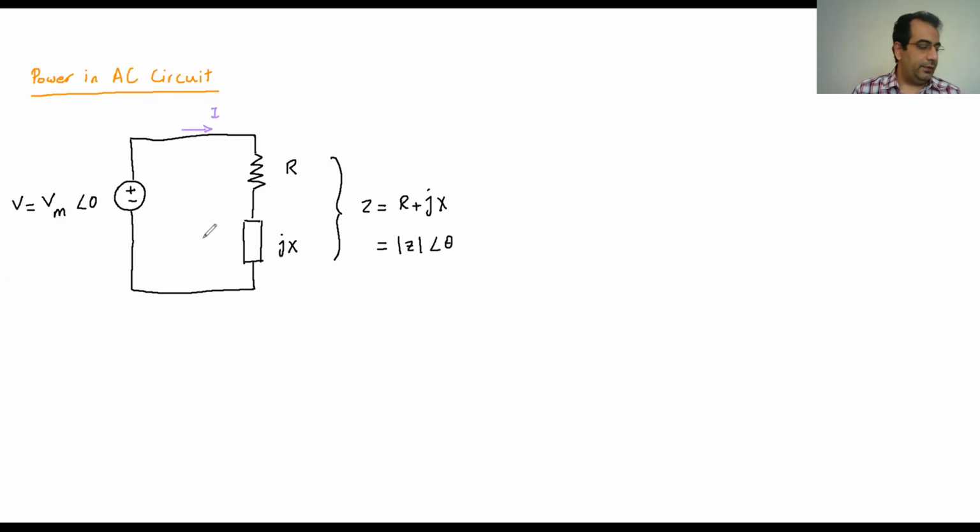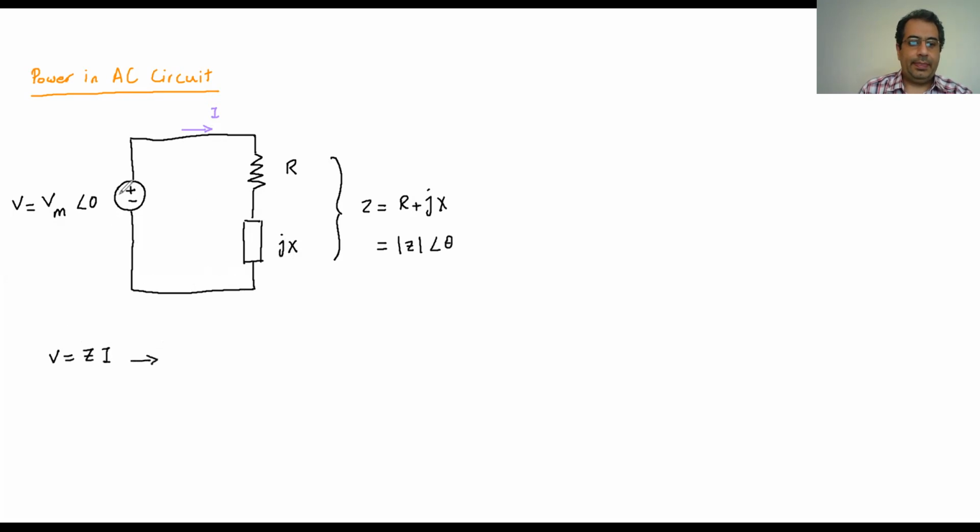The very first thing we can calculate here is this I. We know that V is ZI.